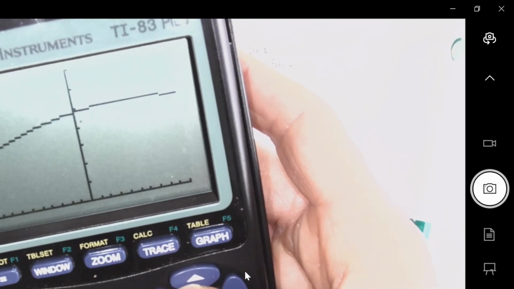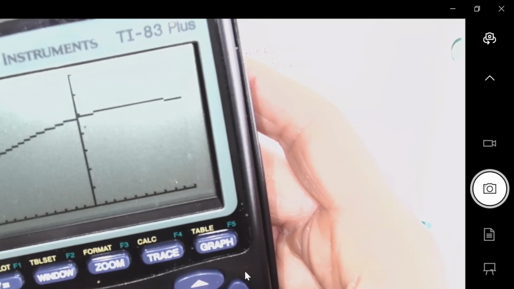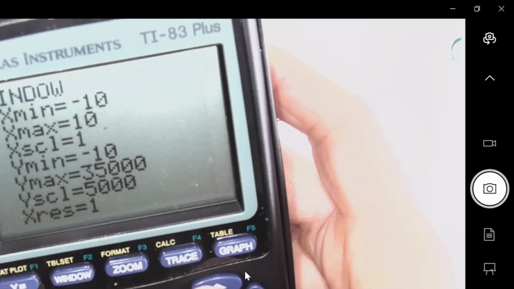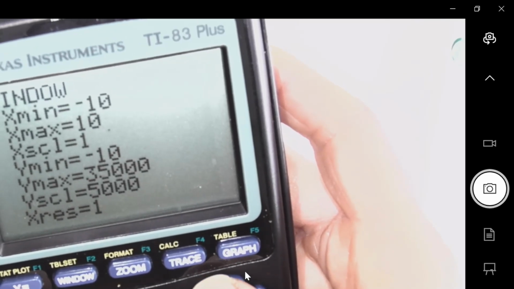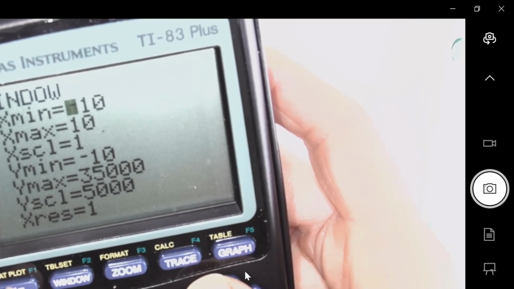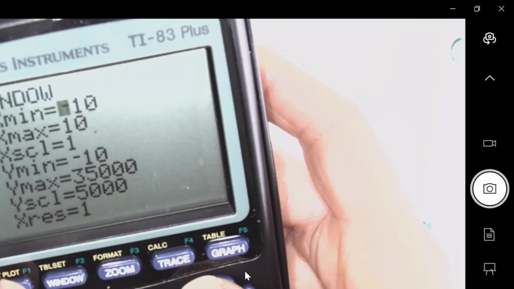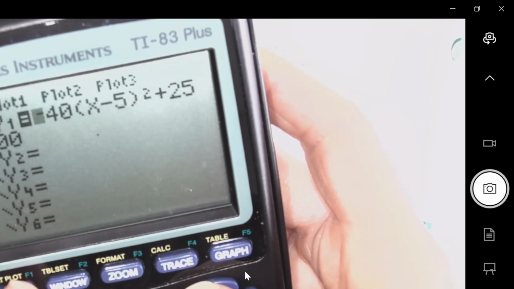Okay, mine's pretty flat. Mine's different. What do we have as a window? The same? Yeah. Who else needs me to go back to my Y screen?